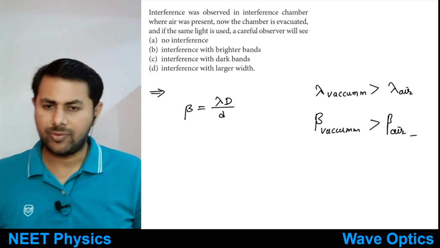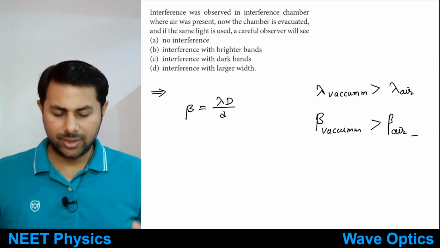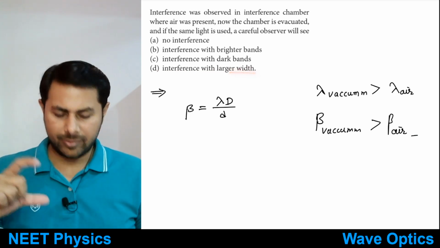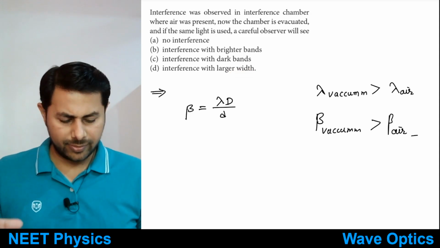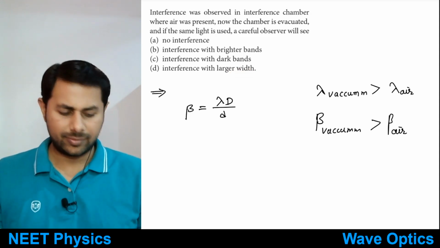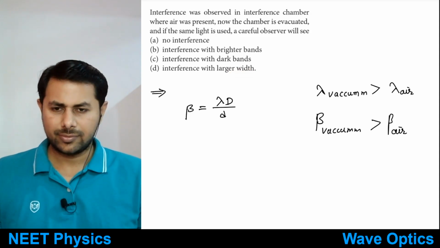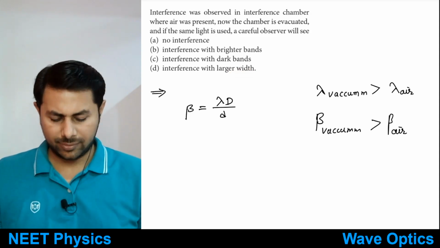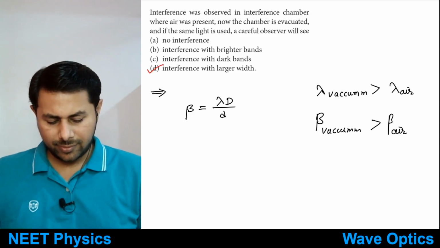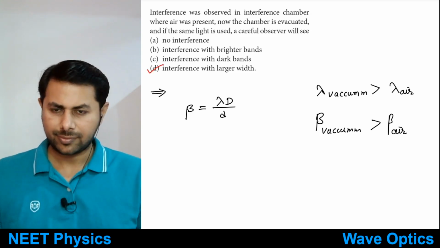So interference will have larger width, meaning larger fringe width. This is clear. It's very simple, right? Okay, good.